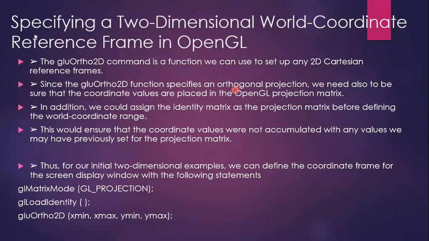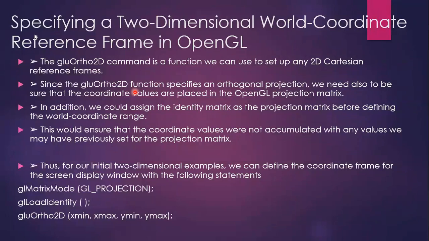There are two kinds of projections, orthogonal projection and perspective projection. Now we are going to study gluOrtho2D, that means orthogonal projection. But this orthogonal projection has to be represented using a matrix. When you say an object, you represent it with certain vertices.